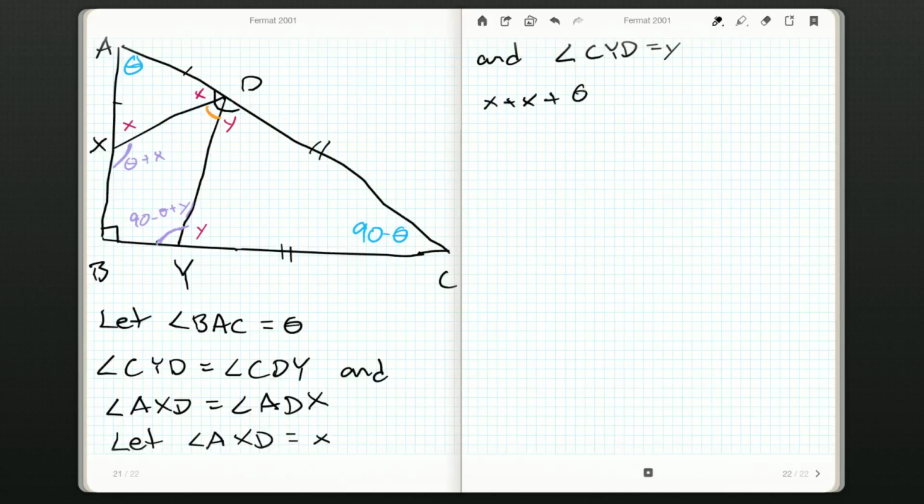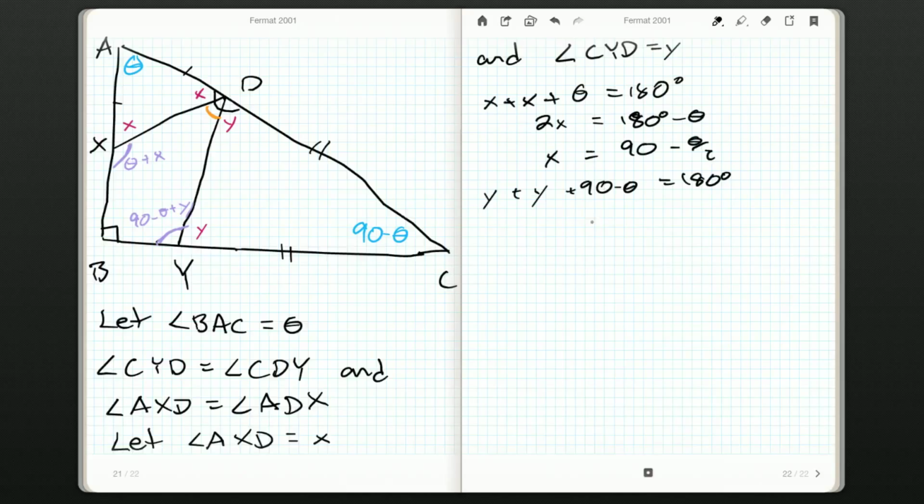So x plus theta is equal to 180 degrees. Wait, I mean the exterior angle: 2x is 180 degrees minus theta, so x is going to be 90 minus theta by 2. Similarly, y plus 90 minus theta is equal to 180 degrees, so 2y is going to be 90 plus theta, and y is going to be 45 plus theta over 2.